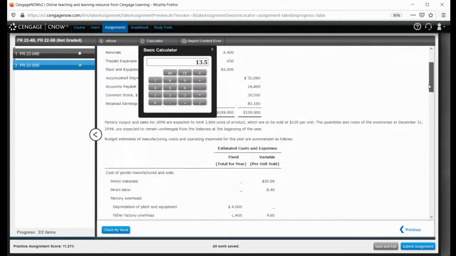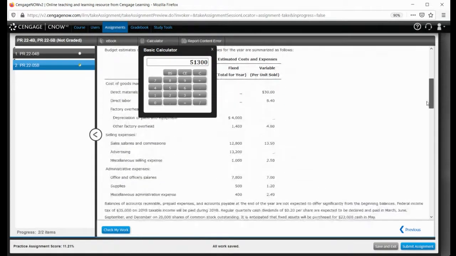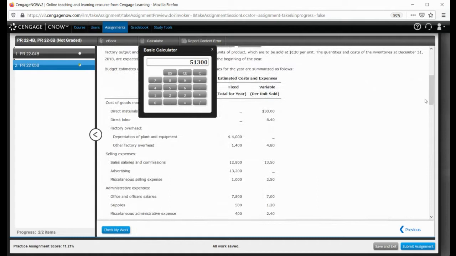The units sold were 3,800 units. That was given in the problem. And then we're going to add to this variable portion of our sales salaries and commissions expense the fixed part.